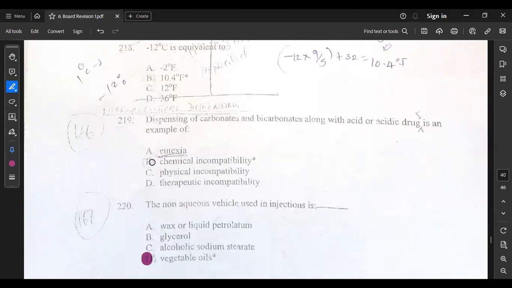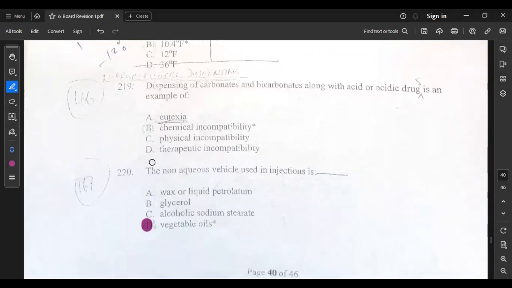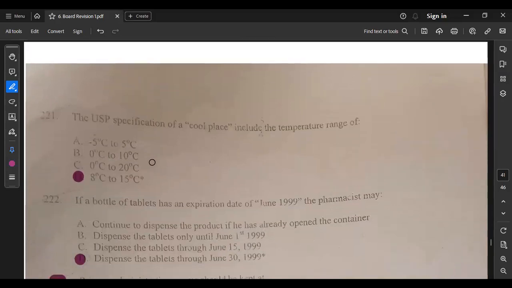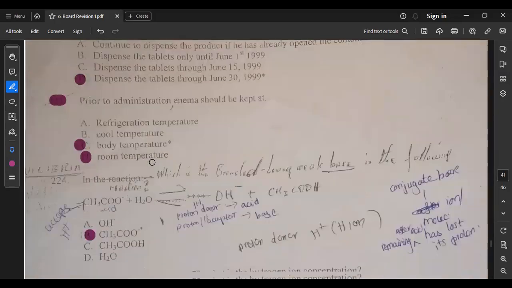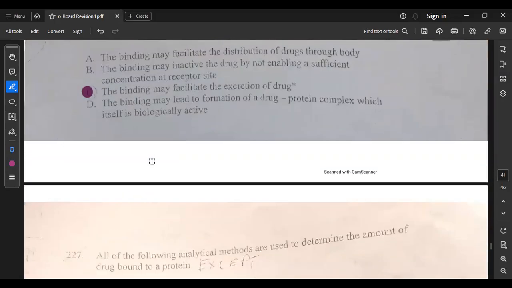Dispensing of carbonates and bicarbonates along with acid or acidic drug is an example of chemical incompatibility. Okay. Do we need an explanation for that, or can we move on?